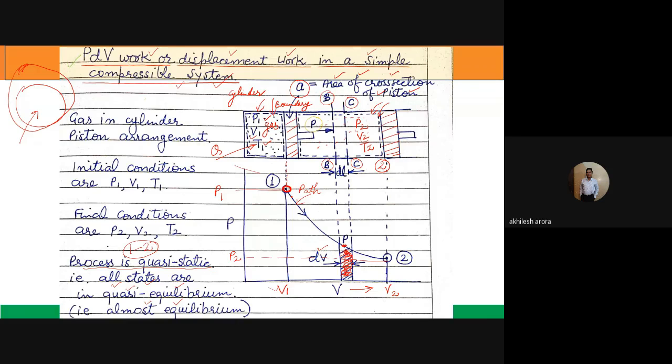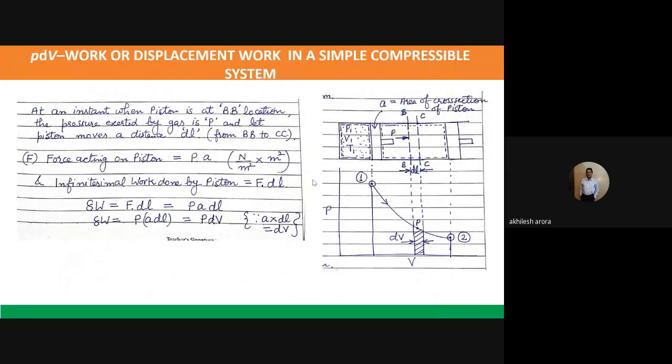The pressure exerted by the gas is P. Now I want to know what is the force which is acting on the piston, because BB is showing some position of the piston and it is moving with a very small displacement which is given by dl, when the pressure is P only. So from BB to CC, the pressure is P and the displacement of the piston is dl. So let us see what is the force which is acting on the piston.